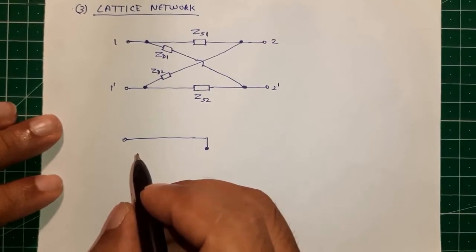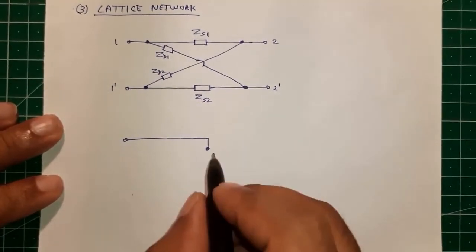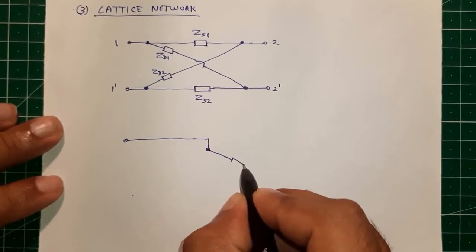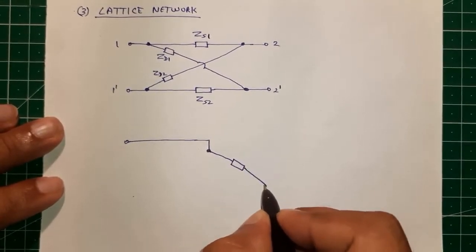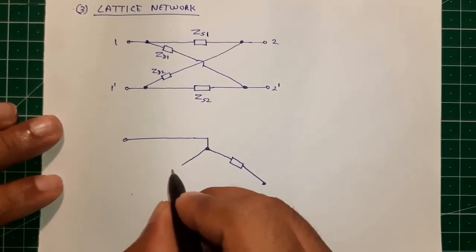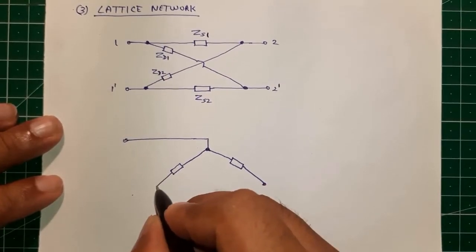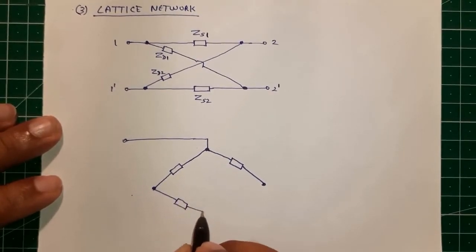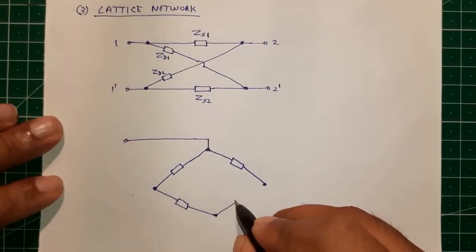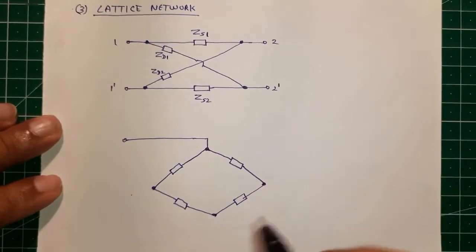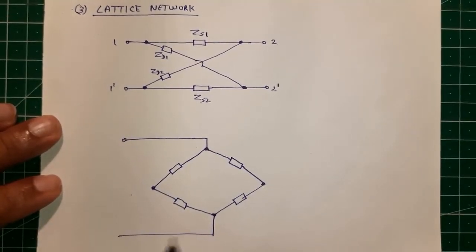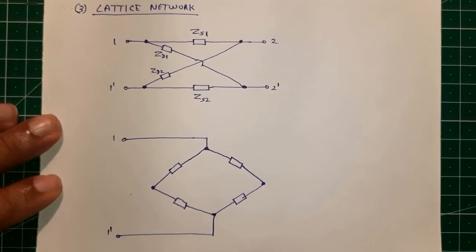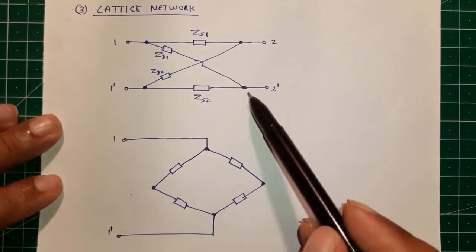So we have the input terminal 1 and 1 dash. From 1, two branches are splitting.